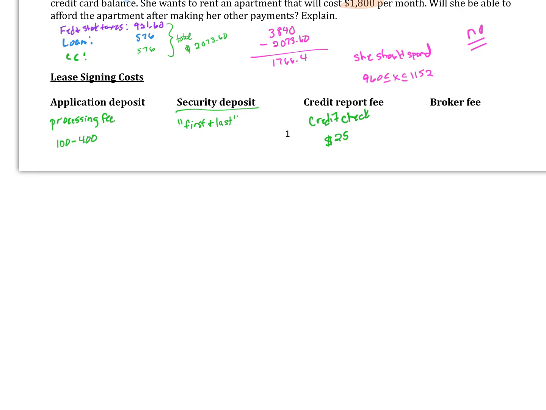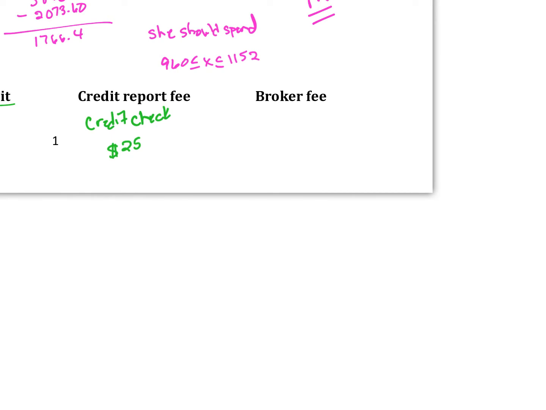And it's not necessarily a thing that happens here, but in a lot of big cities you end up with a broker fee, because you're paying somebody to help you find an apartment. Especially in big cities where there's such a high demand, you kind of need help in order to find a good place.